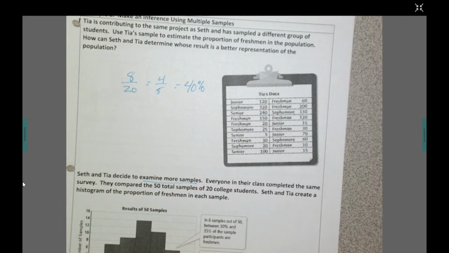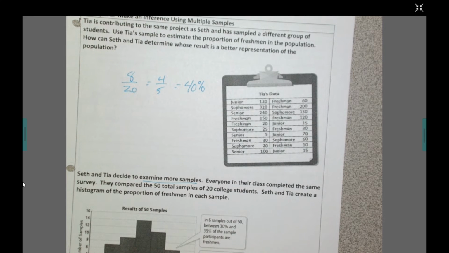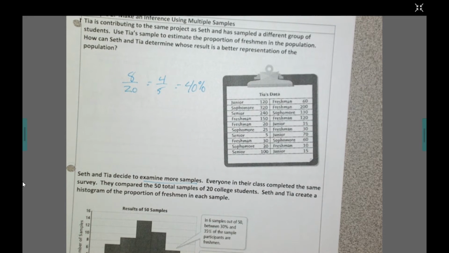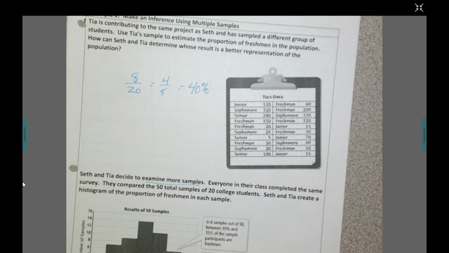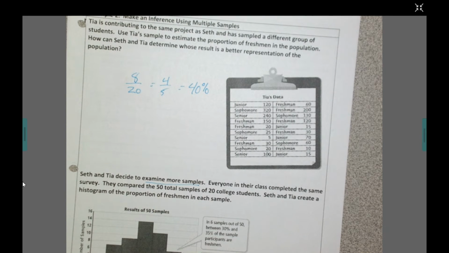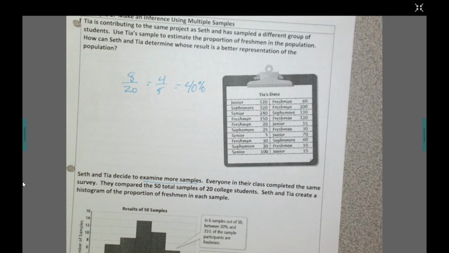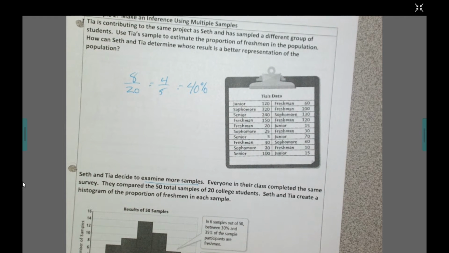So with this, if you look at it, Seth ended up having 20%, which was about the median. So Seth equals roughly the mean and median, whereas Tia's data, the 40%, is way out here. Okay, so Tia is an outlier.